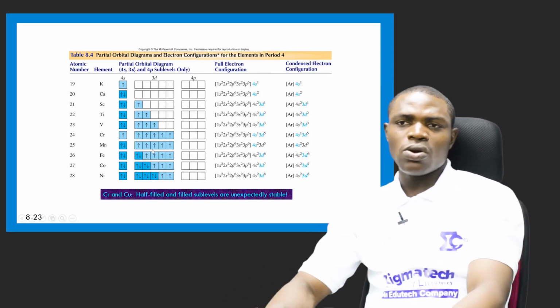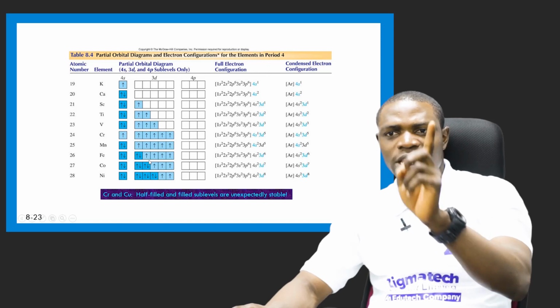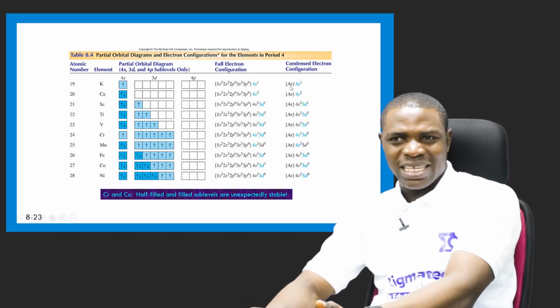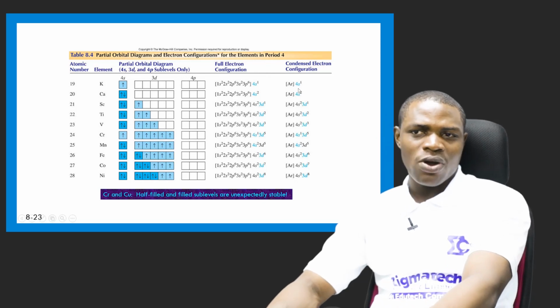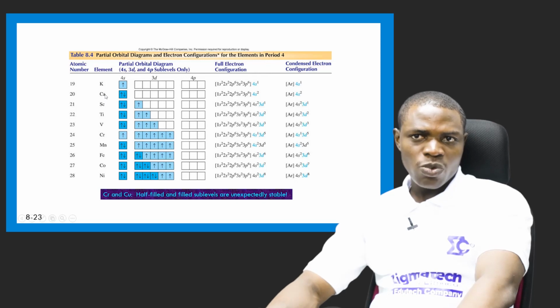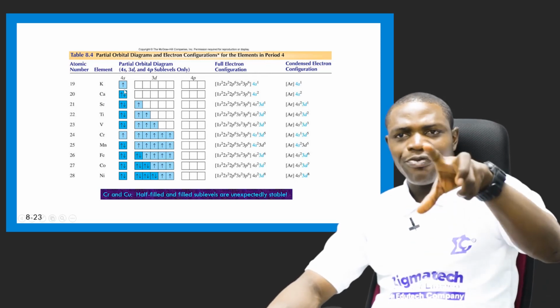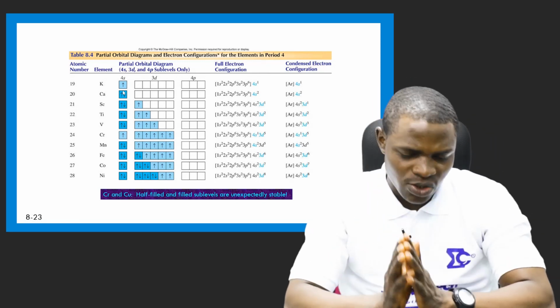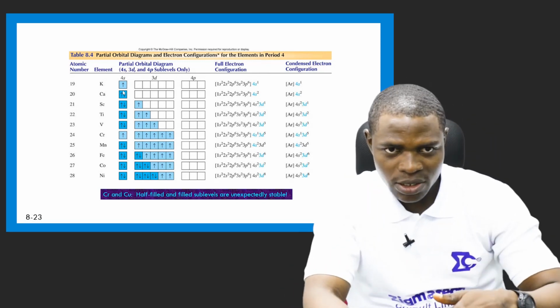Now look at 19. I told you argon has 18 electrons, completely filled. Now just write the argon core. 19 minus 18 is 1. Just put your 4s1. If you go to 20, which is calcium, you keep filling the 4s. Now we said period 4, 4s. Let me take you through again. Period 1, 1s.